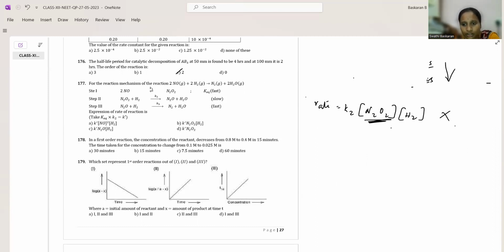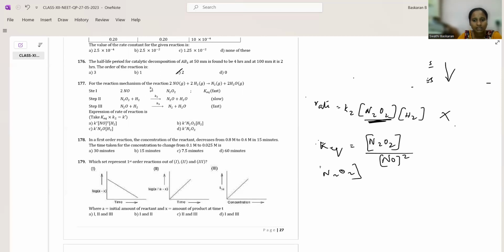You need to substitute the N2O2 value that can be derived from the equilibrium step. In the equilibrium, it is written only NO, right? So when you write the equilibrium, K equilibrium is equal to N2O2 concentration divided by NO square. Now what is the value of N2O2?